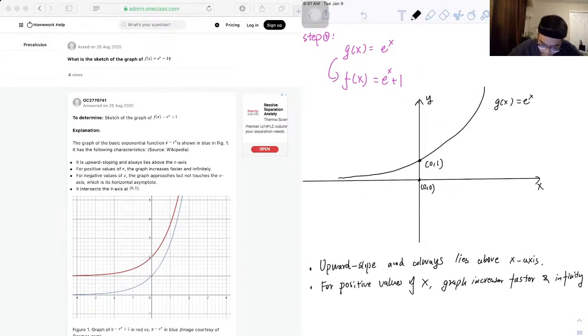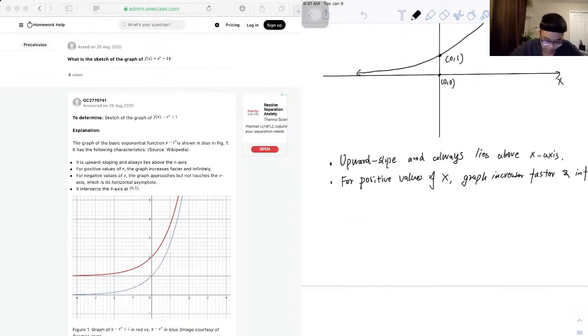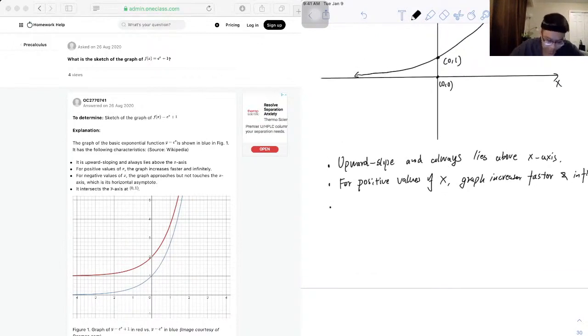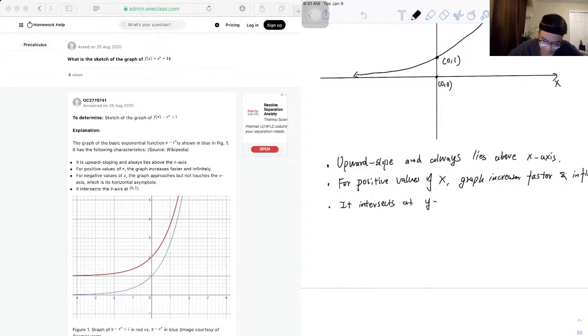Yep. So this goes to infinity. And the third thing is, like I mentioned above, it intersects the y-axis at 0, 1.